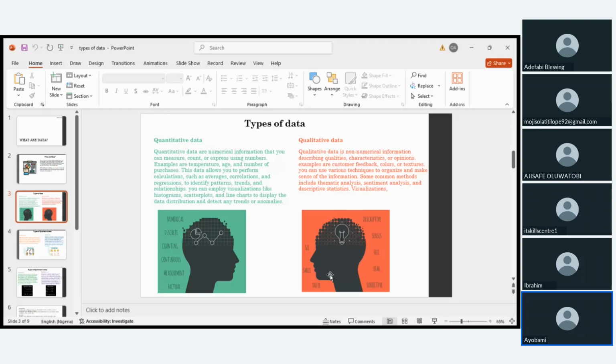What you feel, what your senses can tell you. Like you have a nose, you have skin, you have all of those sense organs, you have a tongue. Those things that you can feel from those sense organs, they are qualitative data. They can only qualify. Okay, I tasted this stuff. It's bitter. It's sweet. We are qualifying. They are saying how it tastes, right? So all of those we have as qualitative data.